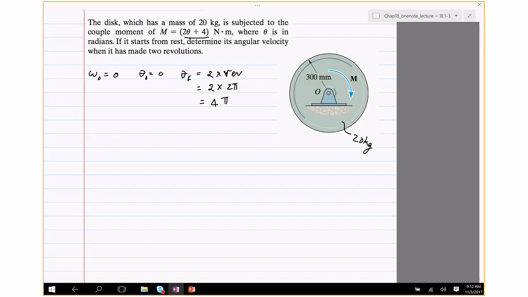By the sign convention it's negative, but it spins the disk in the clockwise direction. At some point it reaches an angle of 4 pi, and we have to determine the angular velocity, omega f. Clearly M does work, and that's why the angular velocity has increased from 0 to omega f.